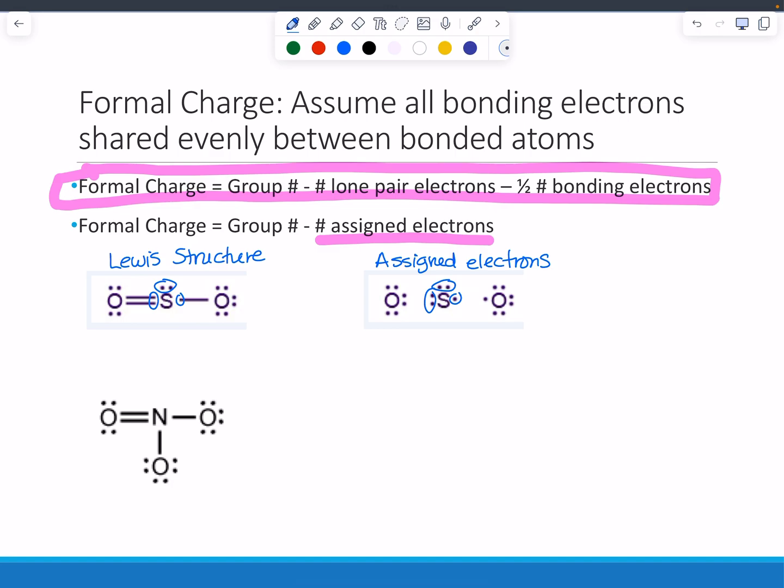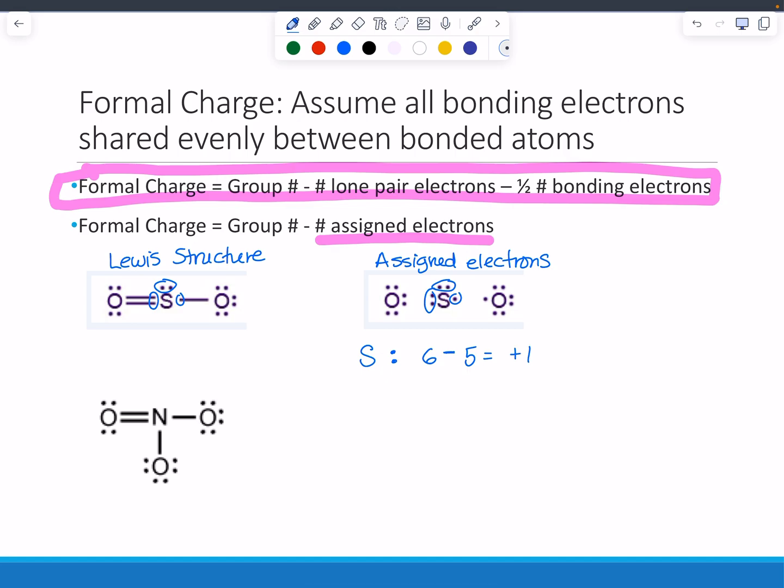So if I do my formal charge for sulfur, sulfur is in group 6, so that's my valence electrons, my group number. And I'm going to subtract all of my assigned electrons. So I've got 1, 2, 3, 4, 5. So my formal charge on my sulfur is going to be +1.